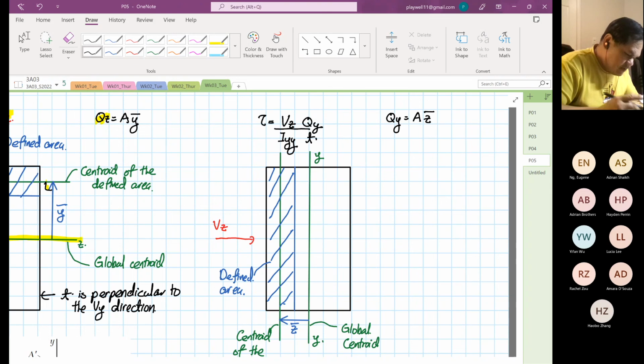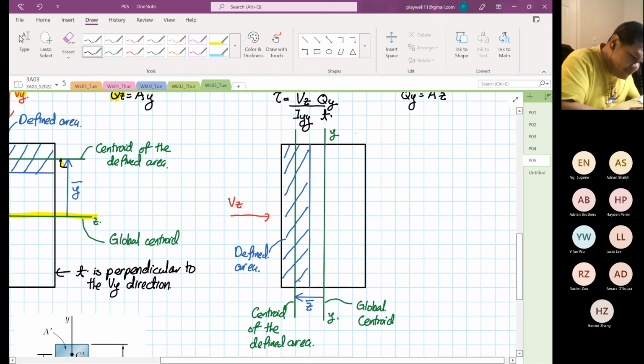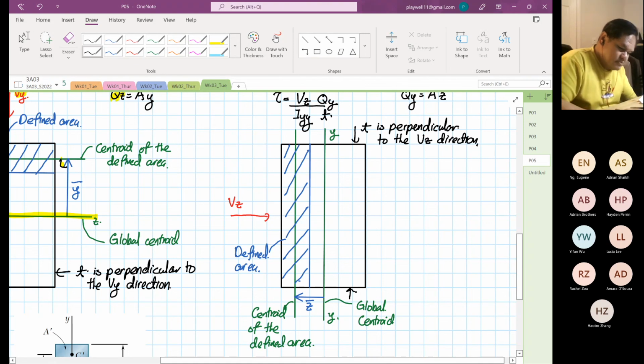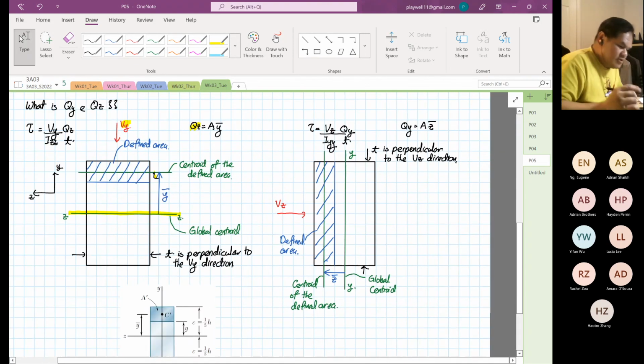Like what I said before, the thickness now is this thickness. This over here is T, perpendicular to the Vz direction.